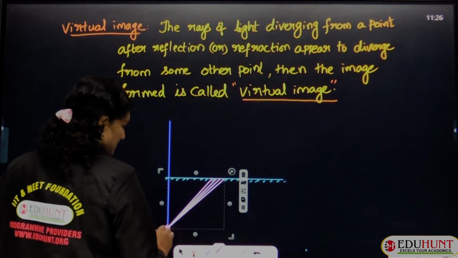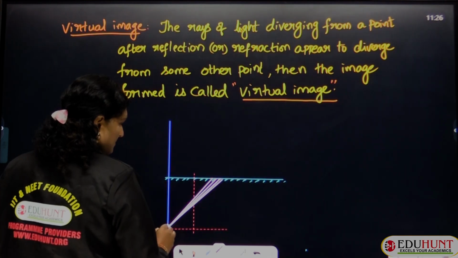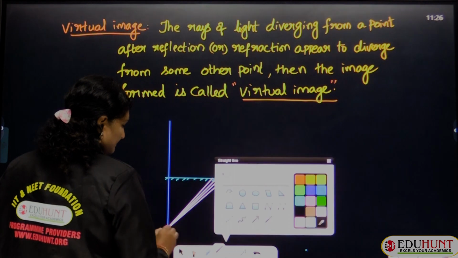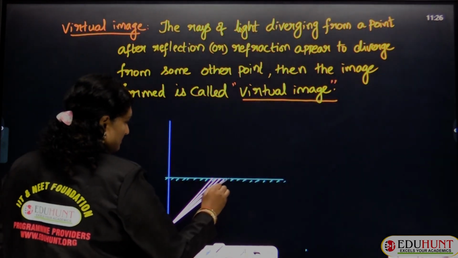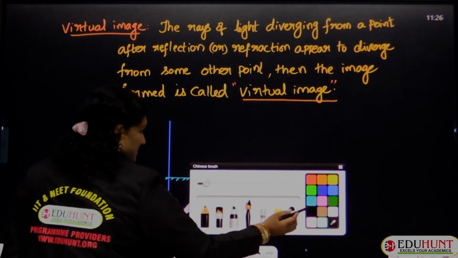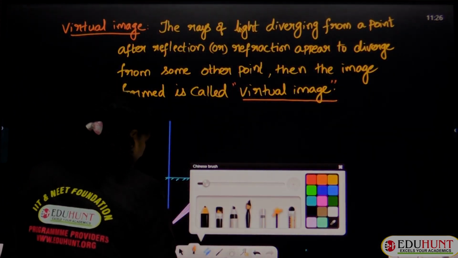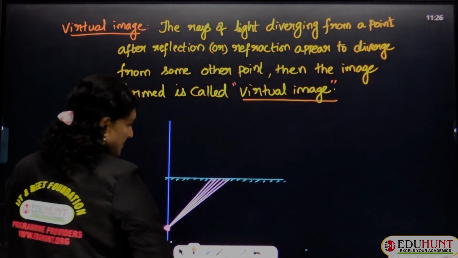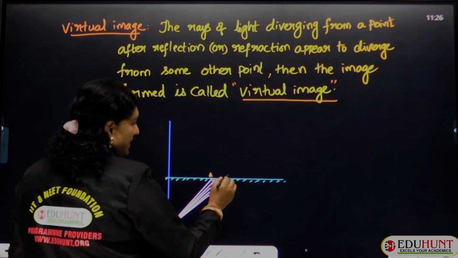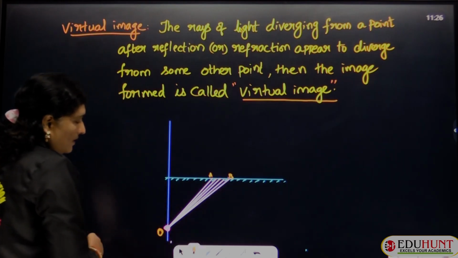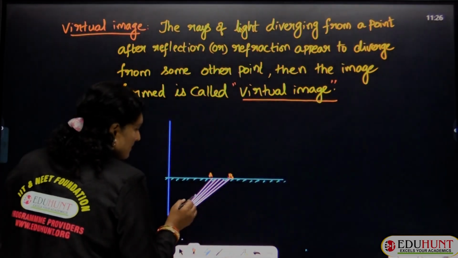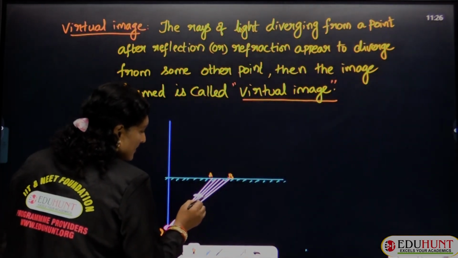Let us mark this as point O, O for object. And let the first point be A and the second point be B. So these are all the incident rays.